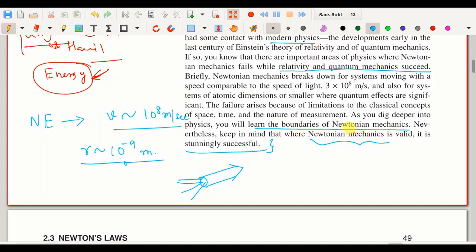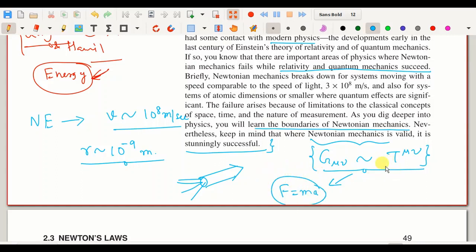And actually, if you write down the Einstein equation, G mu nu is equal to T mu nu, the Einstein field equation, and take the limit where gravity is not strong, it boils down to the Newton equation, F is equal to ma. Got it? That is the greatest thing about Newtonian mechanics: if it is intuitively correct, then it has to be correct.